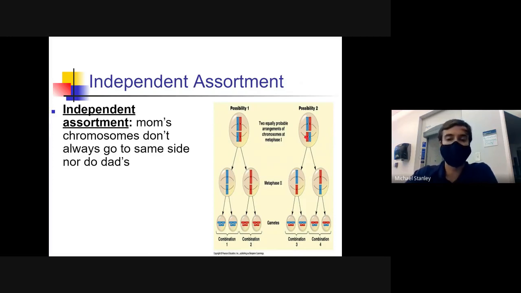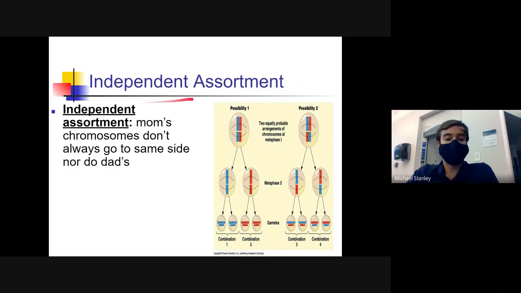The small red is on the left and the small blue is on the right. So then these guys will go this way, these guys will go this way. And this time we ended up with 2 cells that have a big blue and a small red, and 2 cells that have a big red and a small blue.